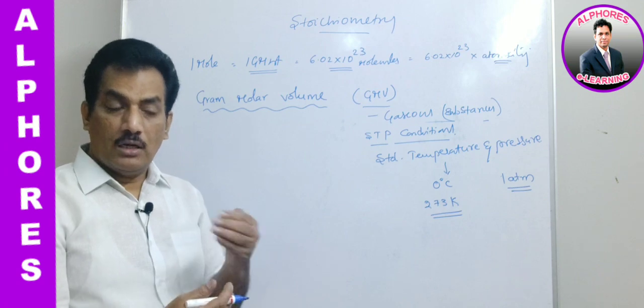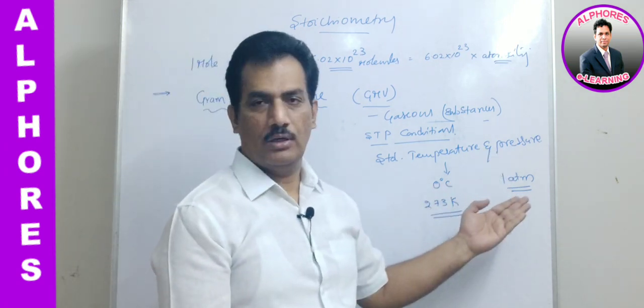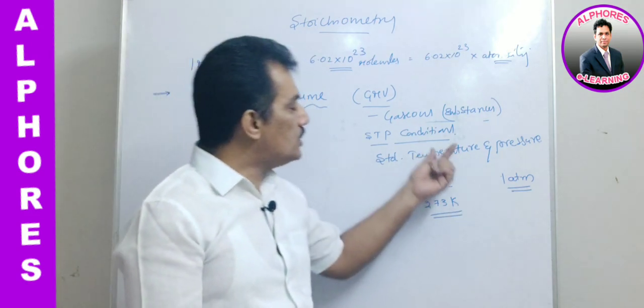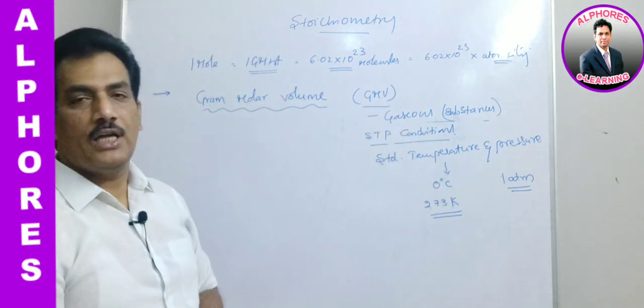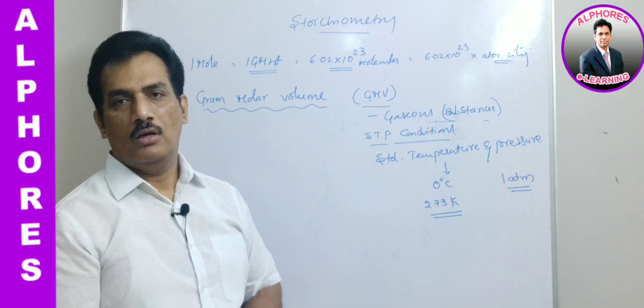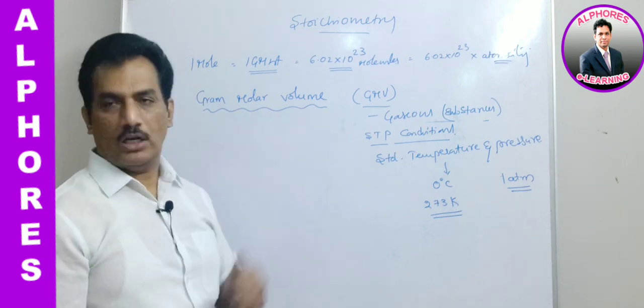The pressure in which we are living is taken as standard pressure. It is 1 atmospheric pressure. Clear? With these two conditions the volume of the gas is measured and related to the mole, and that is gram molar volume.